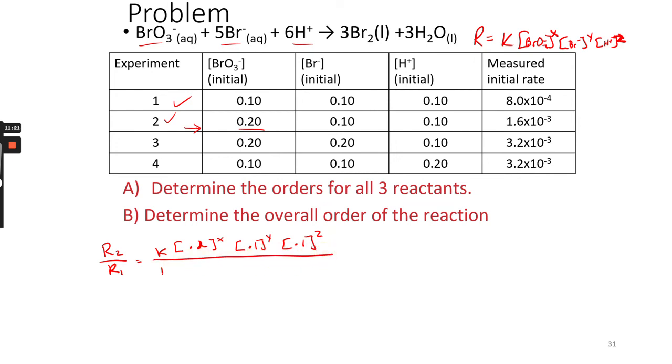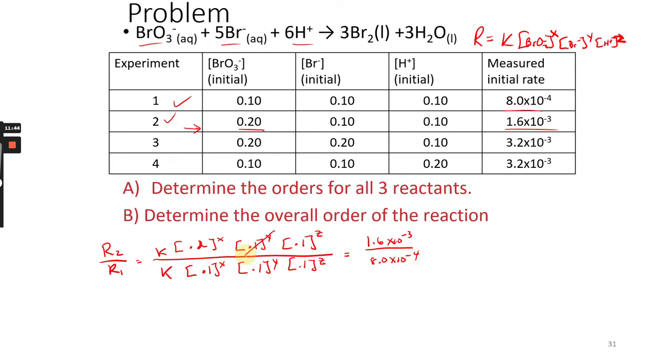And let's compare it to reaction 1, which is 0.1 raised to the x, 0.1 raised to the y, 0.1 raised to the z. And that is equal to rate 2 divided by rate 1.